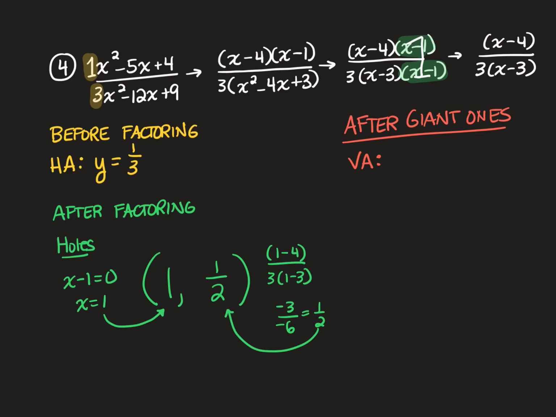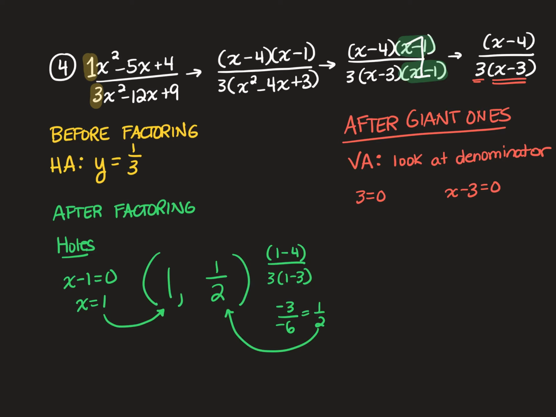So when you're thinking about your vertical asymptotes, you're going to look at the denominator, again, after you've factored and after you've gotten rid of giant 1s. So I look at the denominator and I ask myself, there are 2 factors there. What would make 3 equal 0 and what would make x minus 3 equal 0?